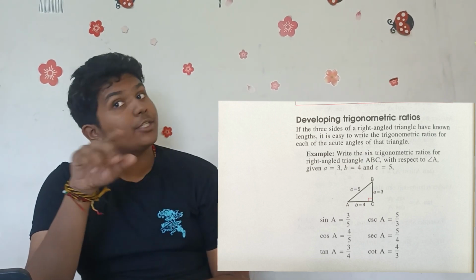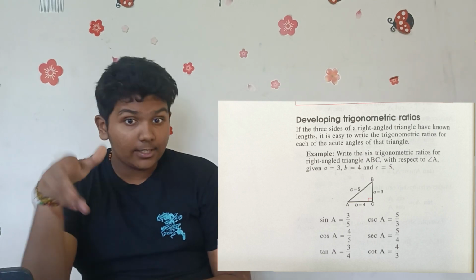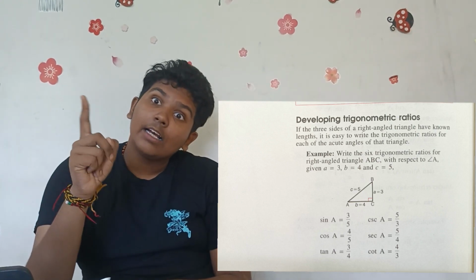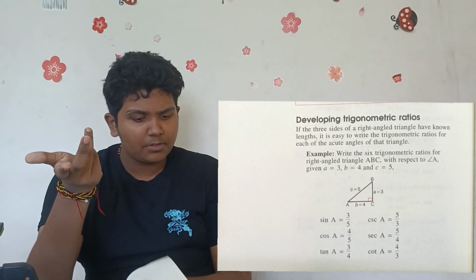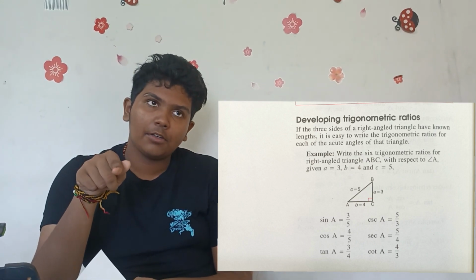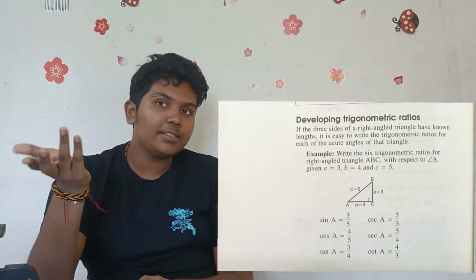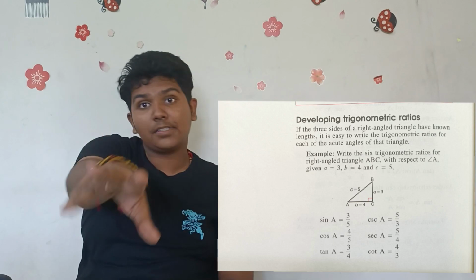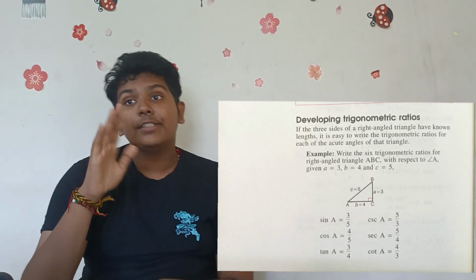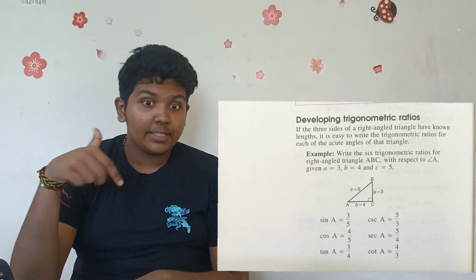So C, which is the hypotenuse, is 5. The opposite is 3, adjacent is 4. So you got these A, B, Cs. Now sin A is equal to 3 by 5.